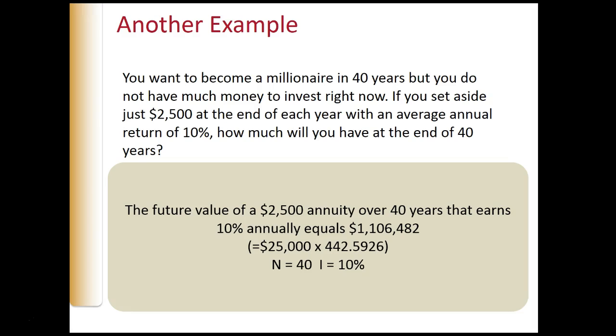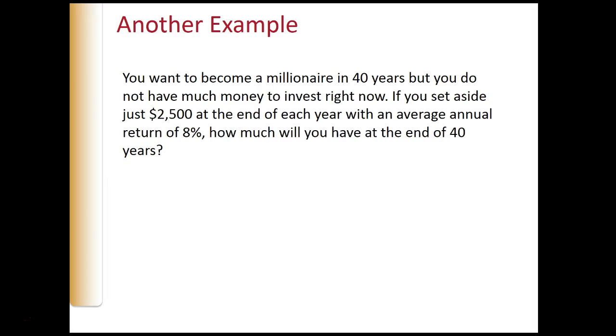So 2,500 over 40 years would be 2,500 times 442.5926. I have 25,000 and that is wrong. I am sorry. That's going to equal $1,106,482. So we would be a millionaire after 40 years.